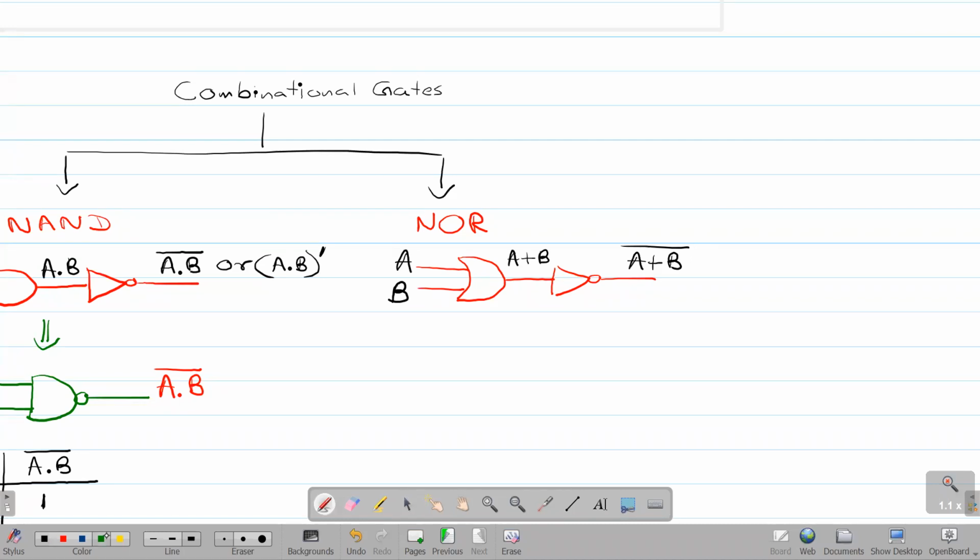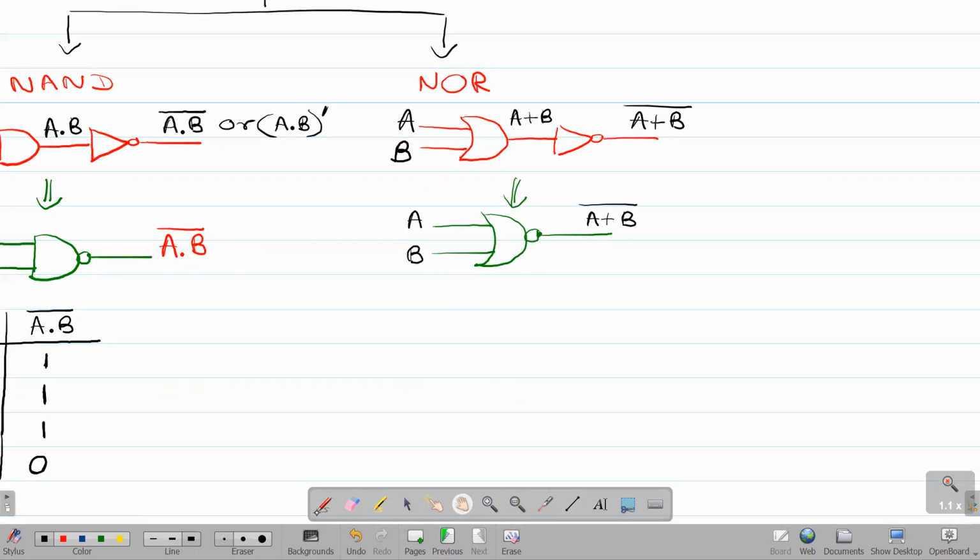The single symbol can be represented like this, with A and B, and (A plus B) total bar as output. For the truth table, I think now you can figure this out even alone.